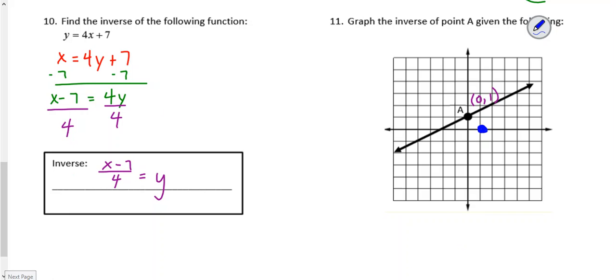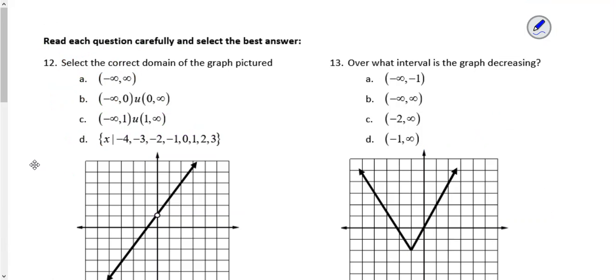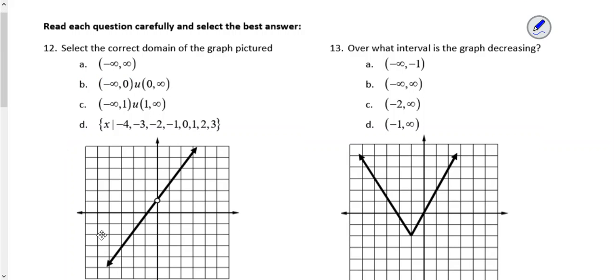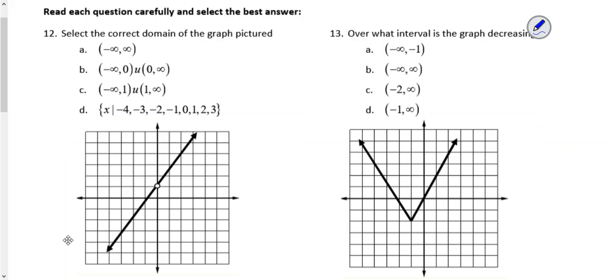All right, last page. So number 12, select the correct domain. So domain is all the way to the left. So we are going to deal with a negative infinity. But as I trace, I notice there is a hole, and there is a hole at this point, 0, 1. Means the graph does not exist.